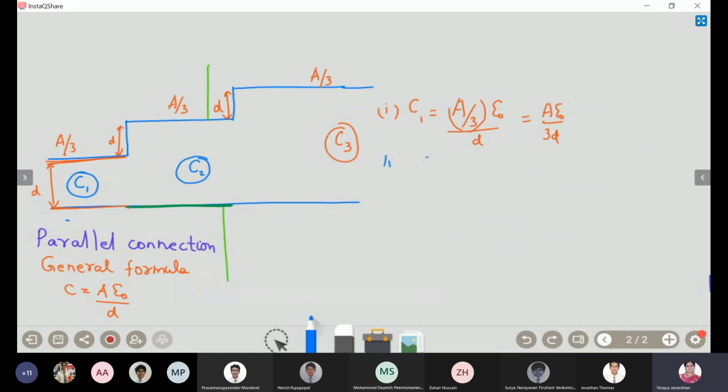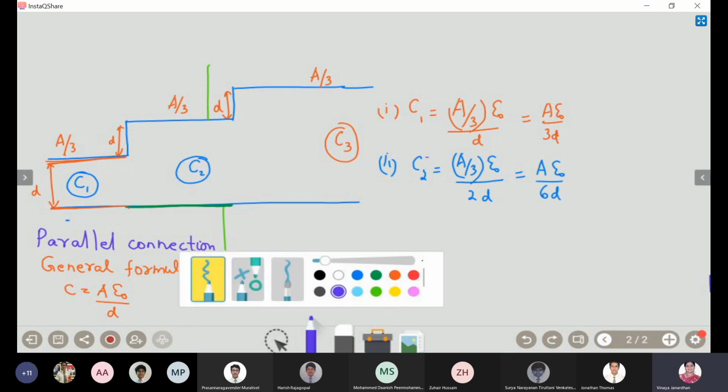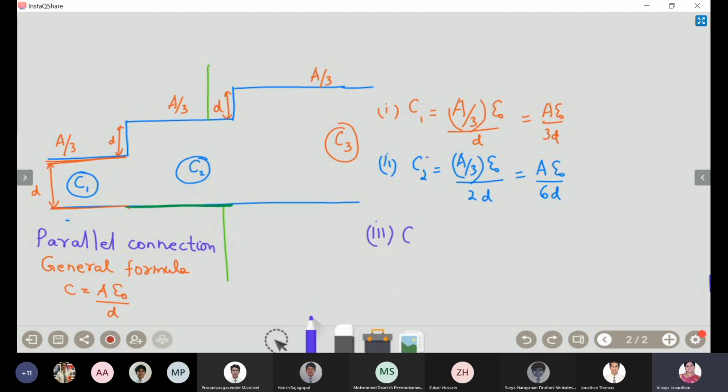Same way, C2 will be A by 3 epsilon naught by the distance between the plates, which is 2D. So it becomes A epsilon naught by 6D. For the third one, C3 is A by 3 epsilon naught by 3 times D, so it will be A epsilon naught by 9D.